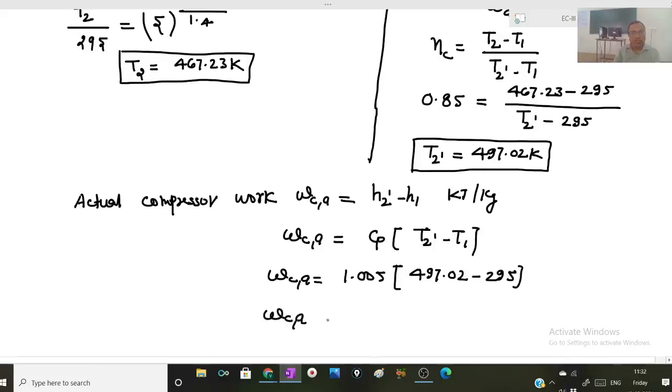So compressor work comes out 203.63 kilojoule per kg.